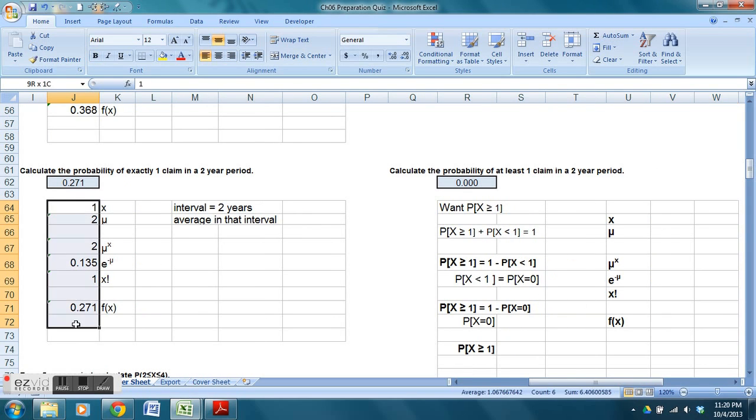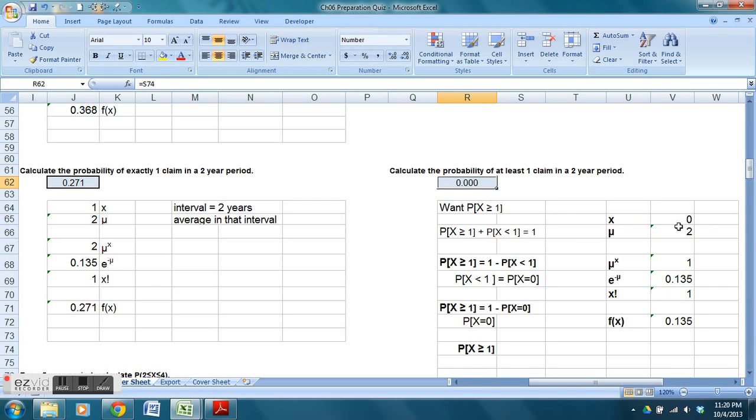I'm going to take these formulas, copy and paste them. We're looking for 0 accidents in a 2-year period. Don't forget about this mu. That can be tricky since intervals are changing, but in this case the interval is the same amount as that, and so mu is also the same.